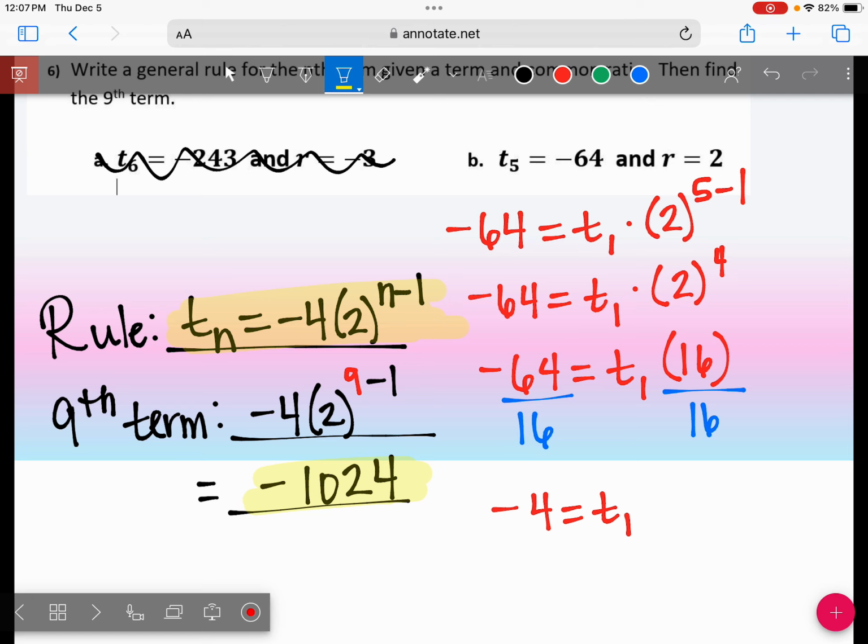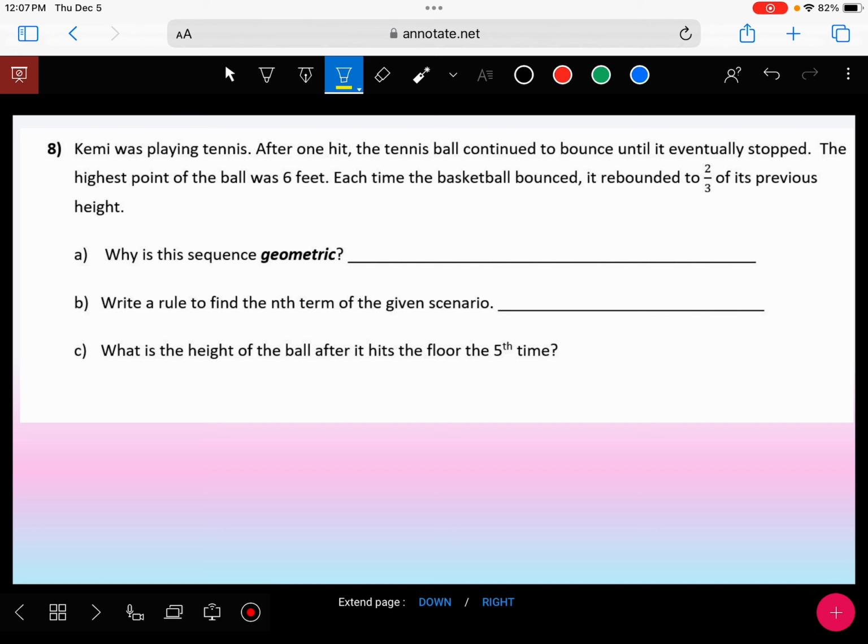All right, skipping over number 7, let's go to number 8, which is a test question. It's the bouncing ball. It says that Kimmy was playing tennis. After one hit, the tennis ball continued to bounce and eventually stopped. The highest point the ball reached was 6 feet.